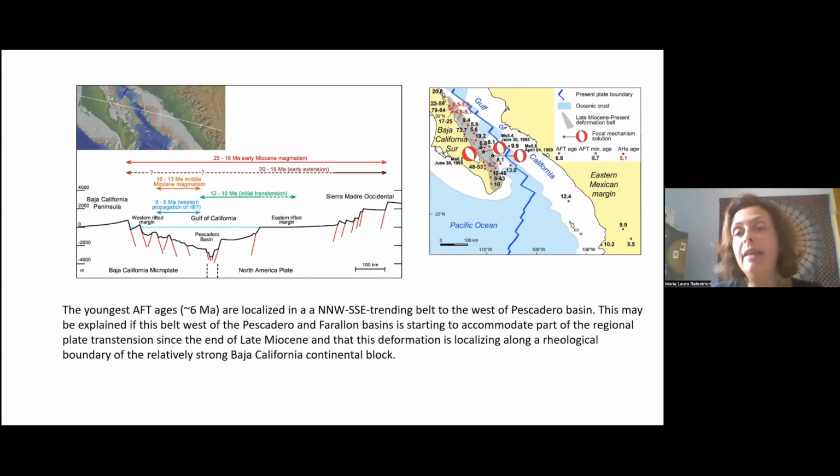It is probably that today part of the transtensional deformation is localized, moved toward the west, close to the margin. And so part of the extensional deformation is accommodated along this belt. And this is also testified by the presence of recent earthquakes showing an extensional signature.